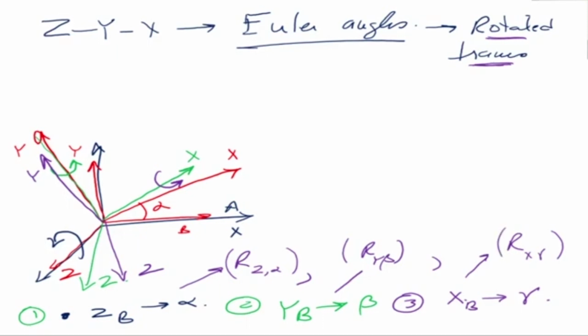The combined rotation matrix will be the product of the matrices in the same order: R Z alpha, R Y beta, and R X gamma.